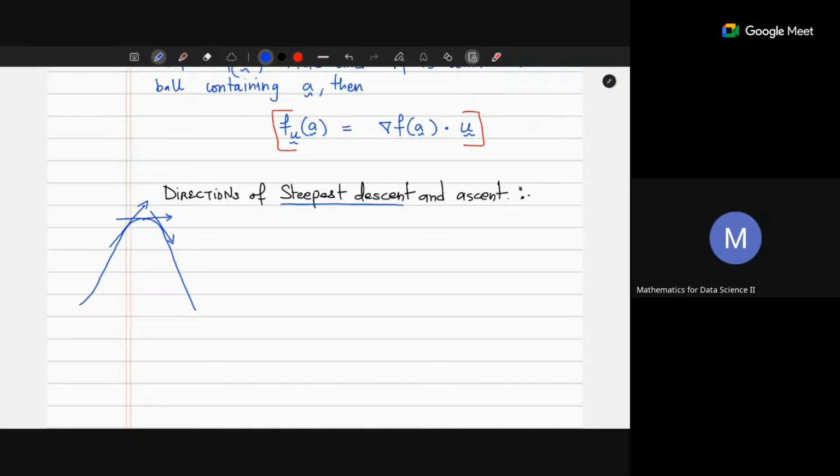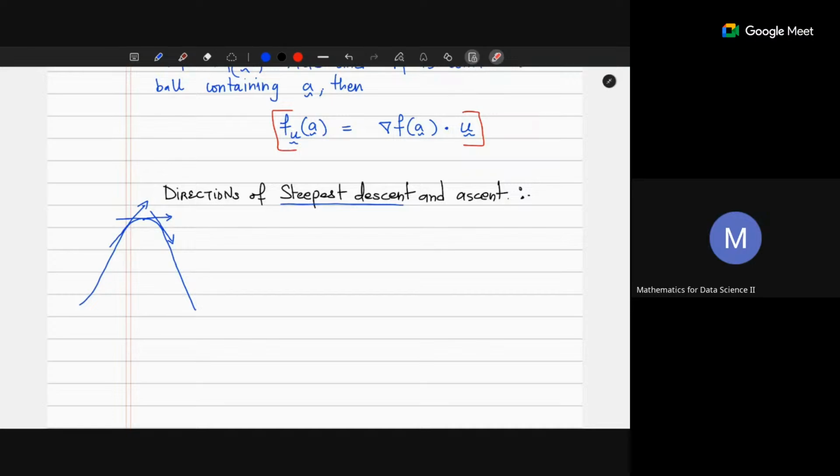That means your function doesn't vary along that direction. So there are three directions involved. One direction where you can achieve the steepest descent, another direction where you can achieve the steepest ascent, and another direction where the function doesn't change.